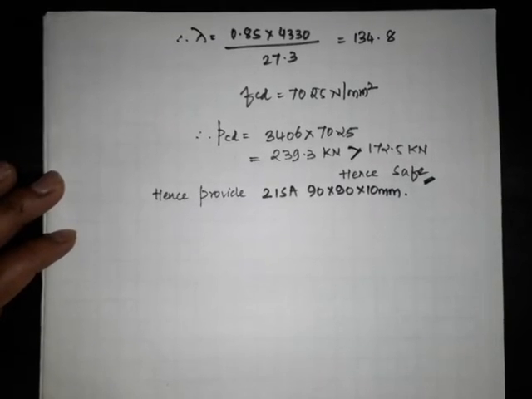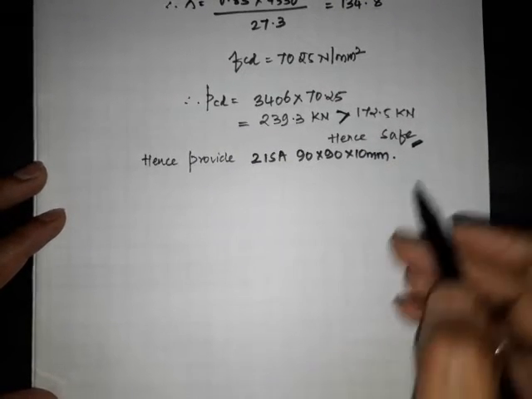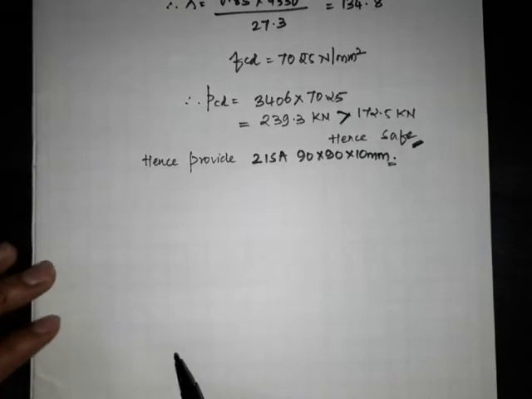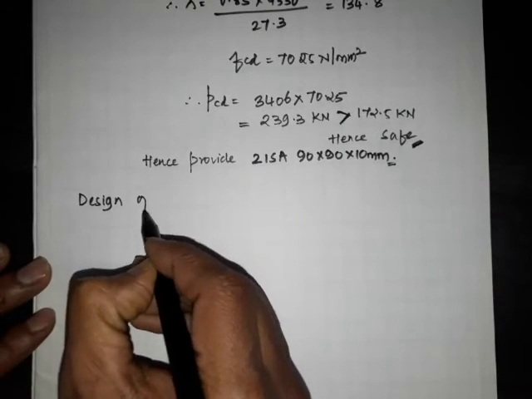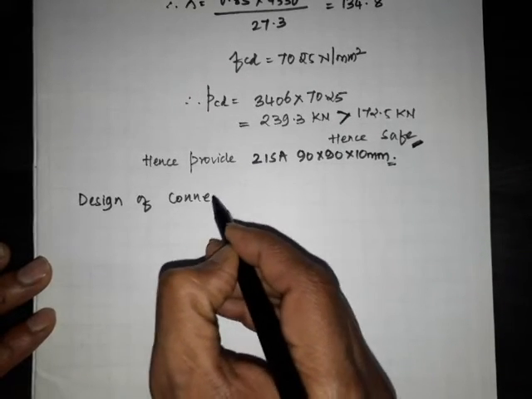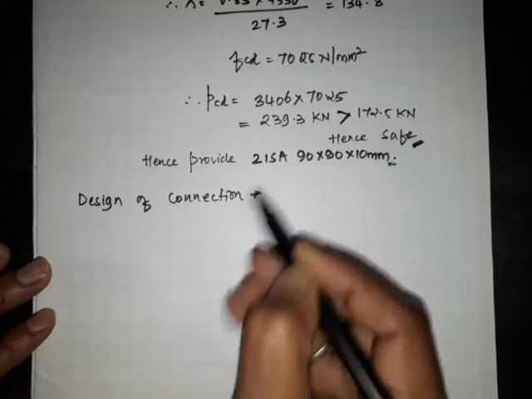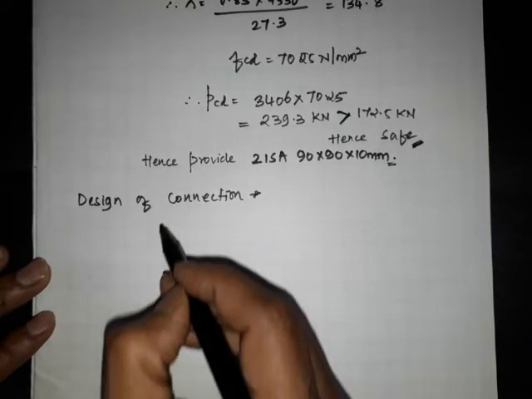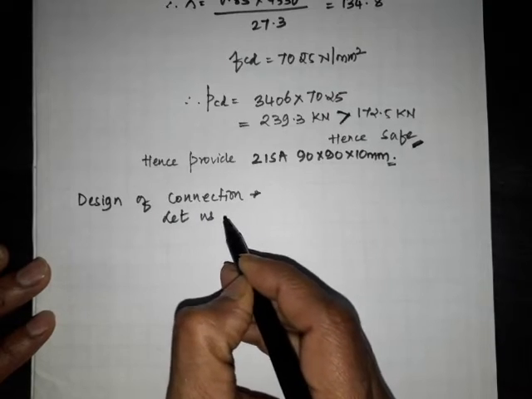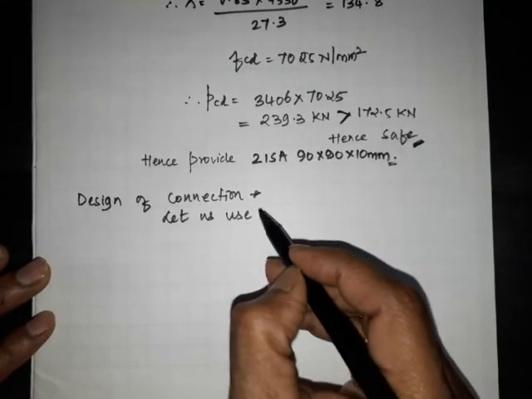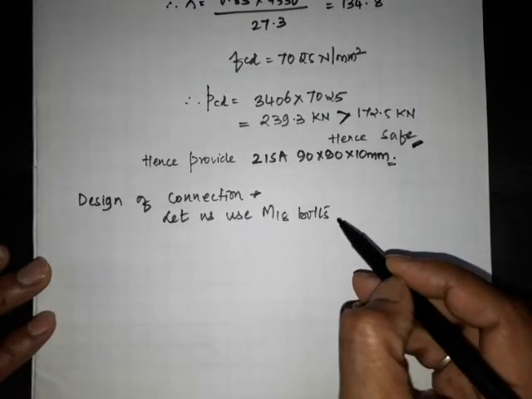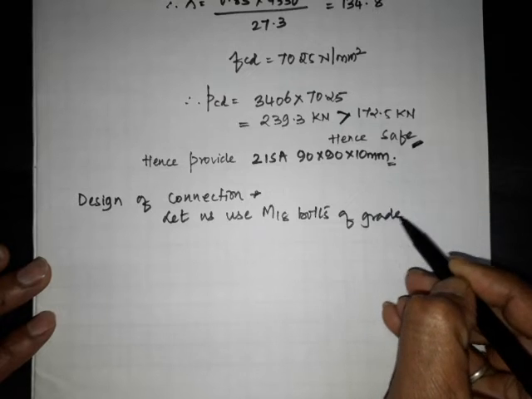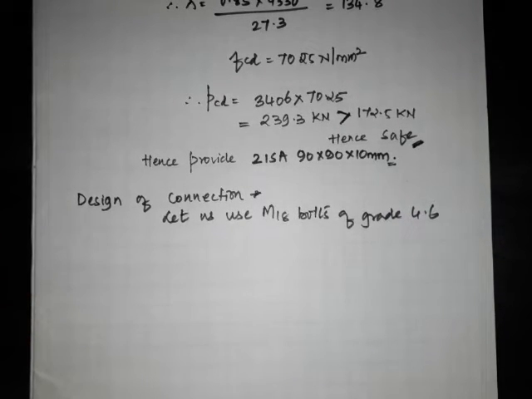Then you have to go for connection design. Now when the section is safe, you have to go for design of connection. So let us use M18 bolts of grade 4.6.